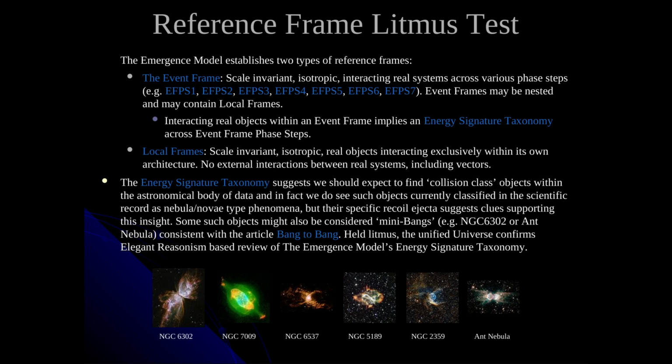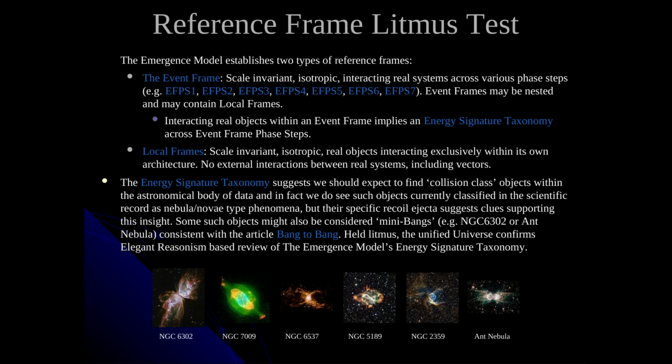And, long term, once all of the normalization has transpired, we then move into EFPS 7 in the endurance phase. But the actual event is probably not going to be visible like these examples are. And so the real point here is that even when we back up from having created the event frame and the local frame, and the energy signature taxonomy, and all the things we've already talked about.